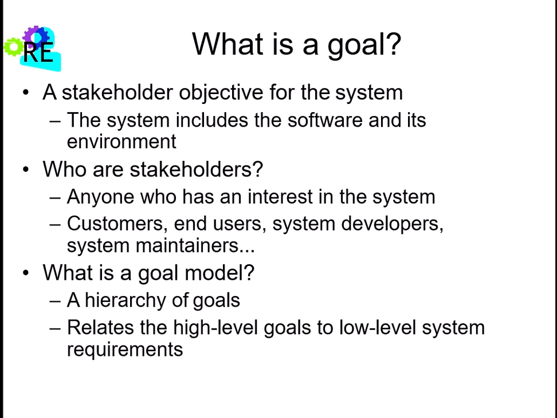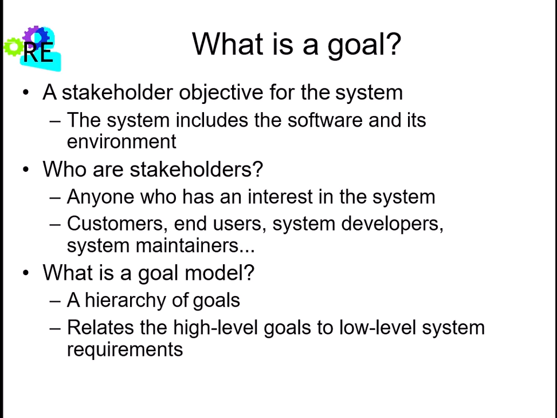The system includes the software and its environment. So there must be a big goal, a main goal, and sub goals. Who are the stakeholders? Anyone who has an interest in the system: customers, end users, system developers, system maintainers, etc.